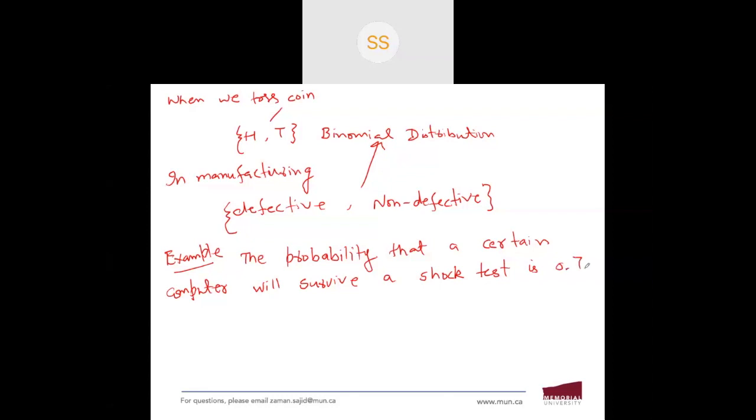So there are 70% chances that a computer can survive a shock test. Now what is our task here?